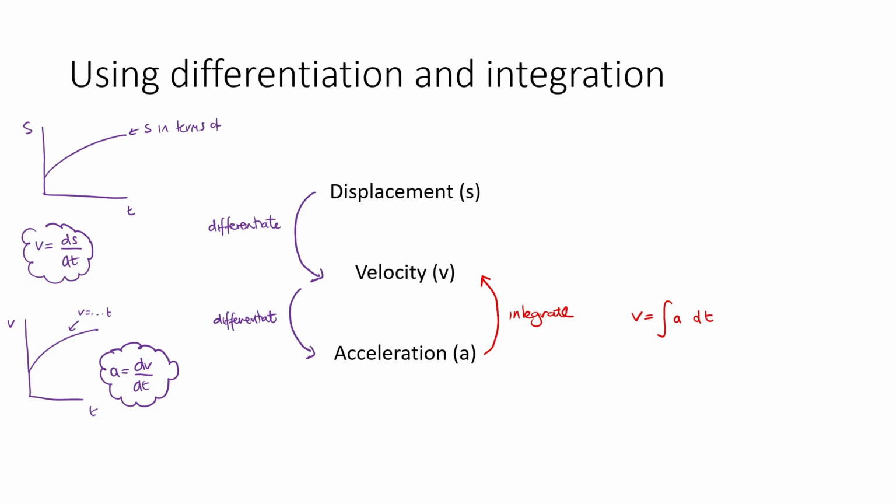And also, if I have the formula for the gradient function of velocity, then I can integrate this to go back to the equation of displacement. So if I integrate v, then displacement, which is going to be represented by letter s, is going to equal the integral of v with respect to t.